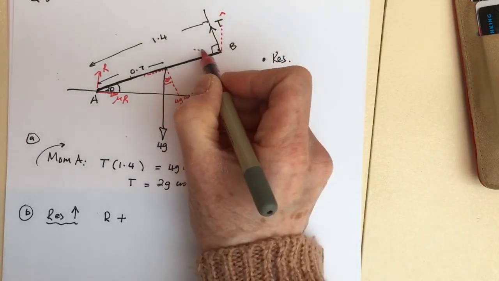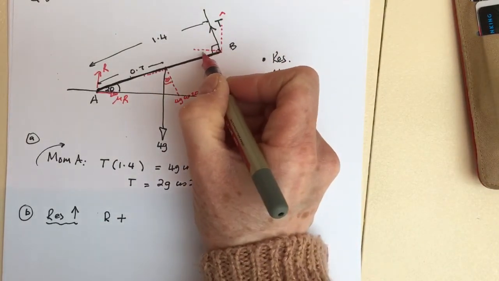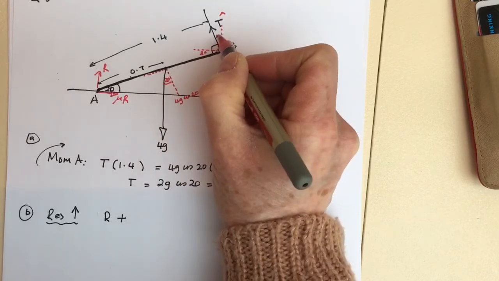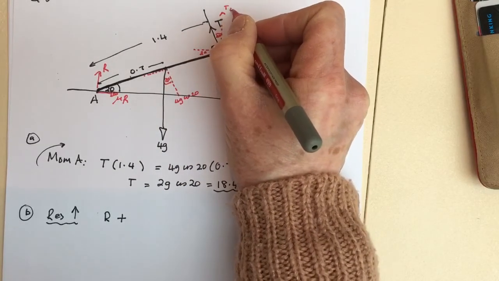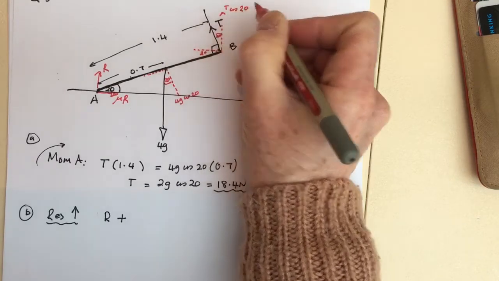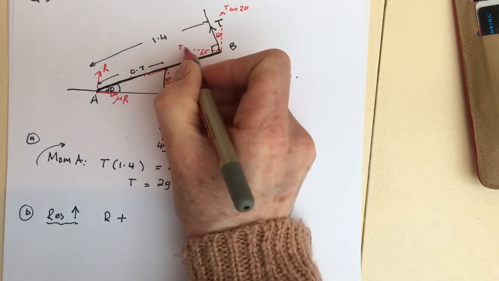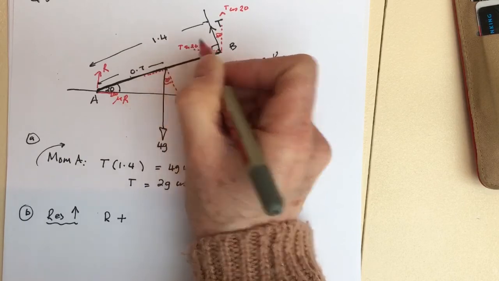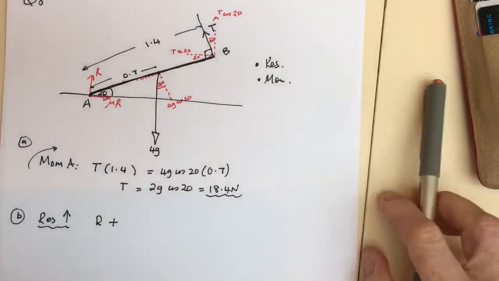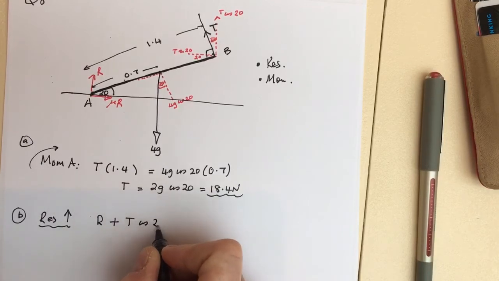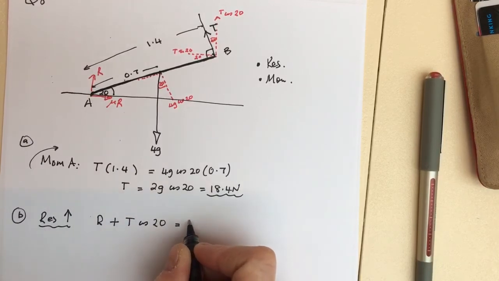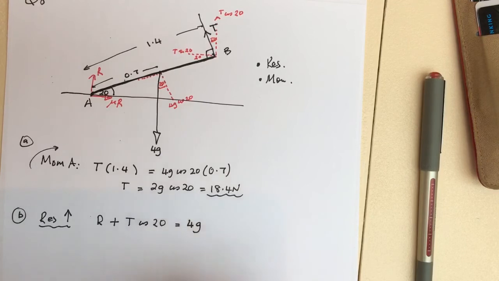Now if I put my angles in, this would be 20 here, and this would be 20. So this component here will be T cos of 20, and this one would be T sine of 20. So vertically upwards then I've got R plus T cos of 20, and that will equal 4g.